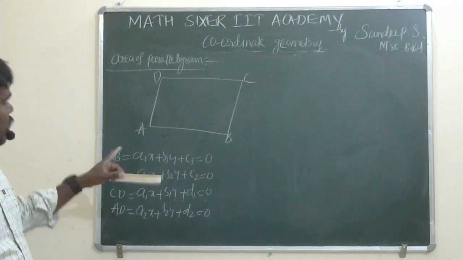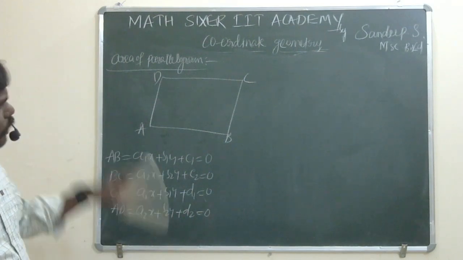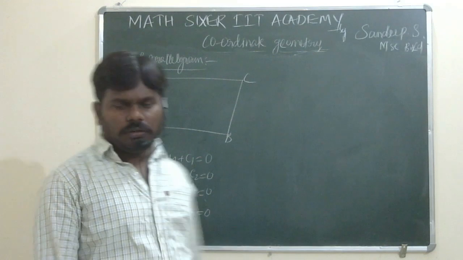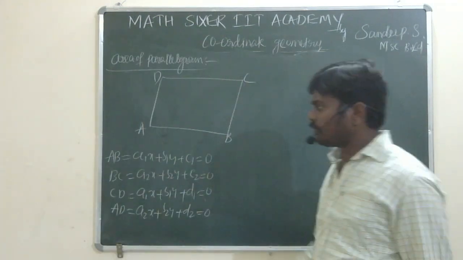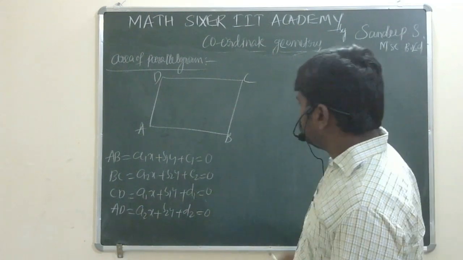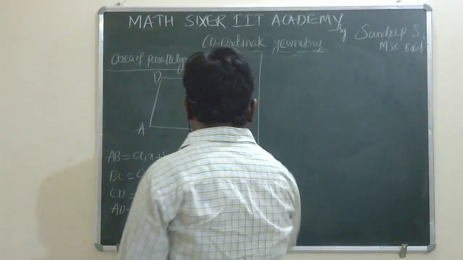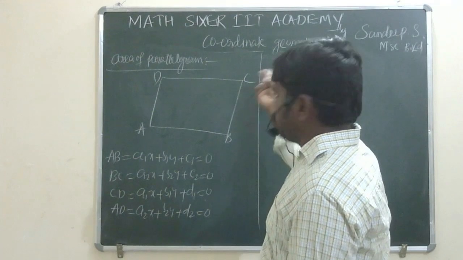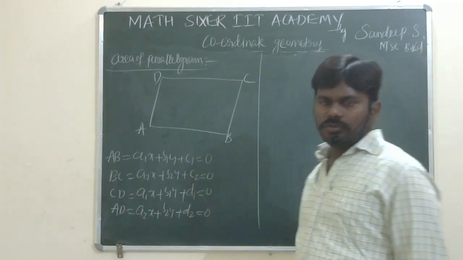Now what about the area of the parallelogram, and how to find it when we have four equations of the sides of the parallelogram? First let me give the formula, then we will go for the derivation.